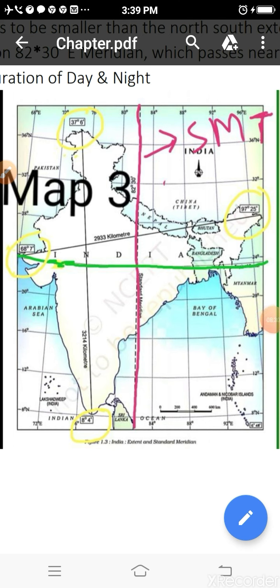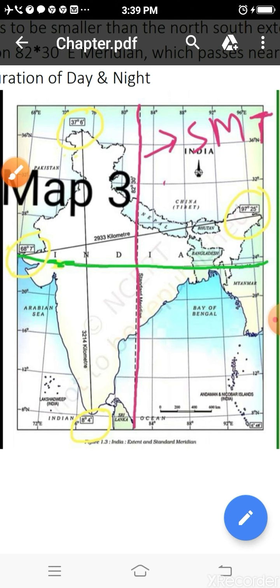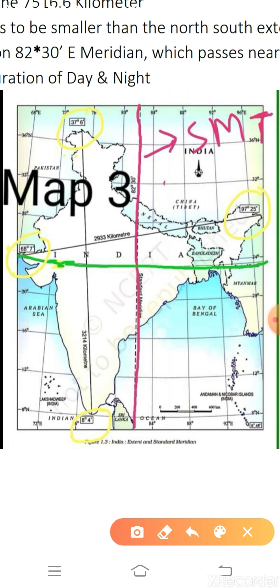Here is one more important line, this one, the standard meridian, which is highlighted in pink. It passes through 82 degree 30 minute east, and this was considered the standard meridian so that all the watches in the country follow the same time, because between Arunachal Pradesh and Gujarat there is a time lag of 2 hours.